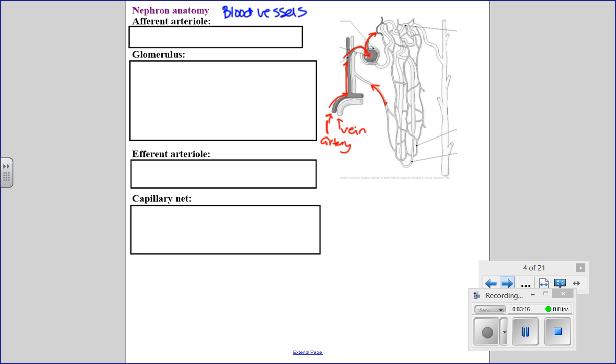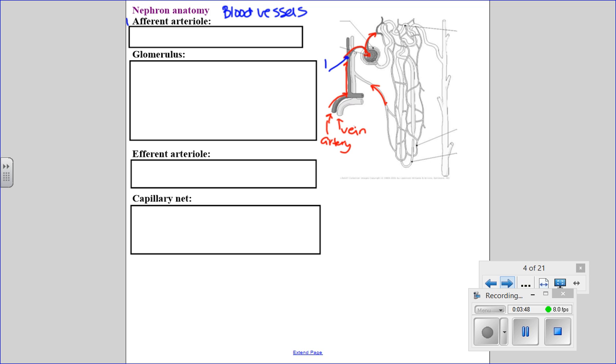So we're going to focus on this artery, because that is how blood is coming in towards the nephron. The first thing that we really have to label will be this little guy right here. Now, since it's a branch off of an artery, it's not the official artery, it's not your full renal artery, it's a piece of one, it is called your afferent arteriole.